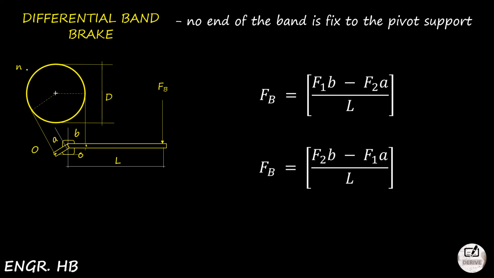And of course, you still have speed, diameter, and braking force, and so on and so forth. If the approach is counterclockwise, our formula is FB equals F1B minus F2A over L. And if the approach is clockwise, it is just reversed: F2B comes first minus F1A, all over length.